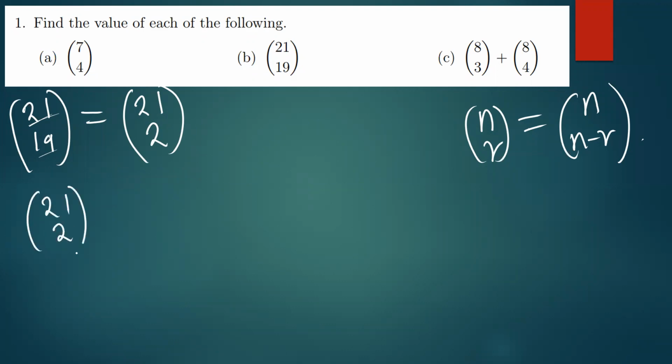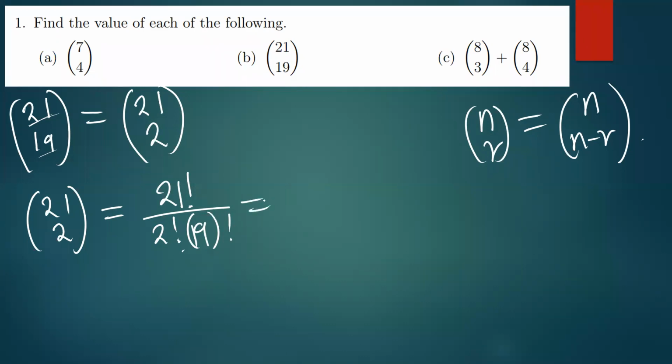21 choose 2, the answer is going to be: on top, we're going to have 21 factorial over, down there, 2 factorial, then in brackets, 21 minus 2, that would be 19 factorial. I think this is the one that would give us a long procedure, but okay, still fine.